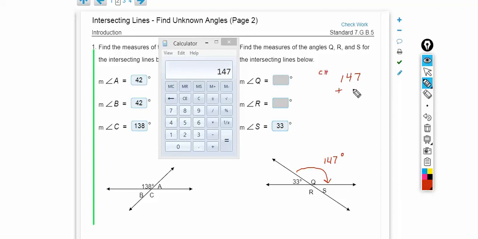If we check that, plus 33, that's 10, that's 7 plus 1 is 8, that's 1. So that's 180 degrees. That checks out. So Q and R must be 147 degrees.